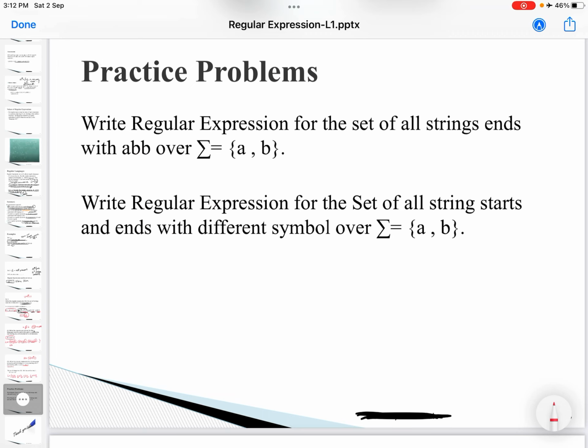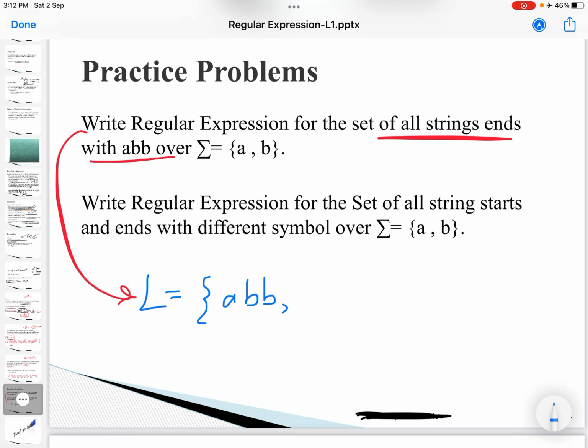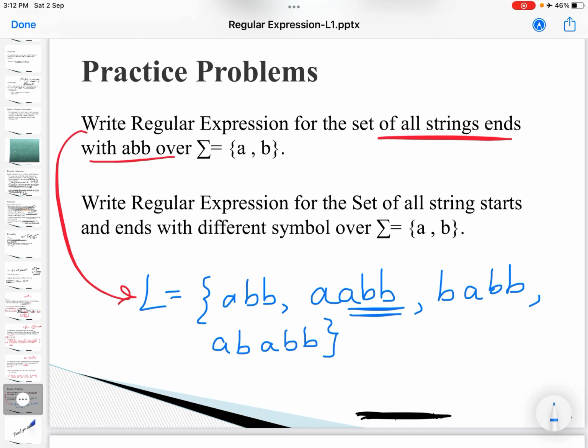This you can try. Write a regular expression for a set of strings that ends with A, B, B. So how will you do this? The language is strings ending with A, B, B. It can start with A, end with A, B, B. It can start with a null string, that is nothing, and only end with A, B, B. It can start with B, ending with A, B, B. It can start with A, B, ending with A, B, B. So this will be the language.